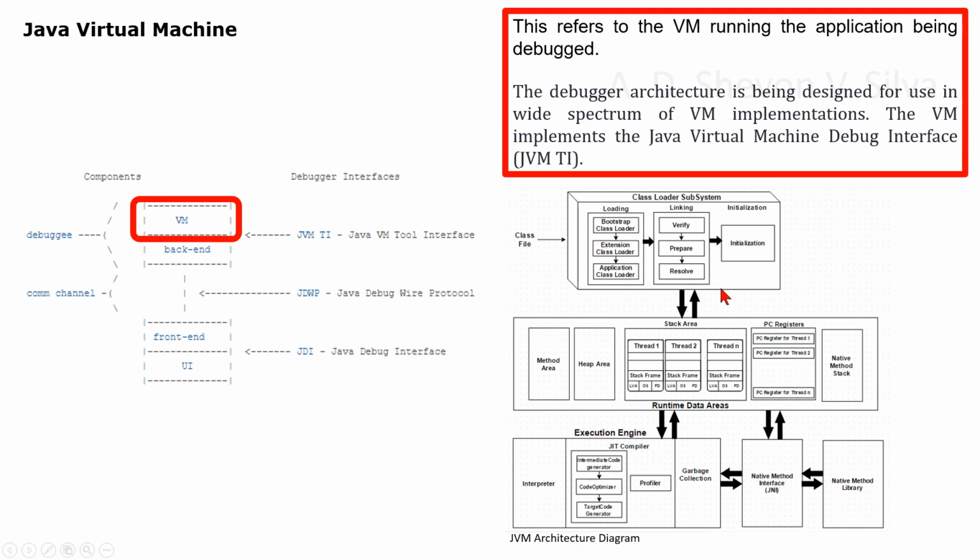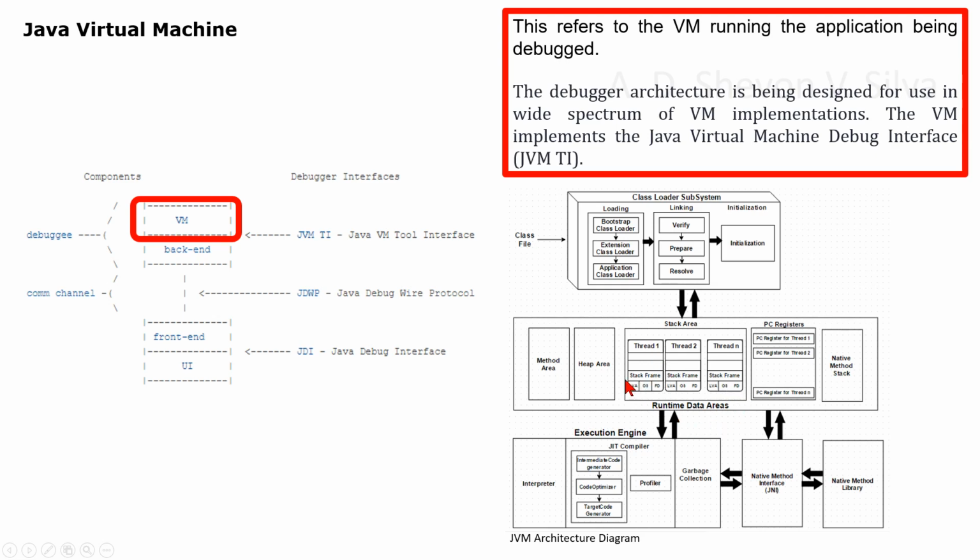Class loader subsystem interacts with runtime data areas. Method area, heap area, stack area, PC registers and native method stacks are inside runtime data areas. A number of threads are inside the stack area.